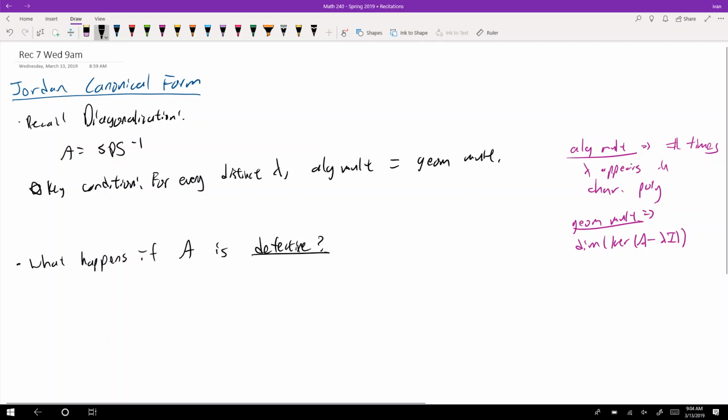And what does defective mean? Defective just means non-diagonalizable. So what happens when a matrix is defective? Well, for at least one lambda, the algebraic multiplicity is greater than the geometric multiplicity.